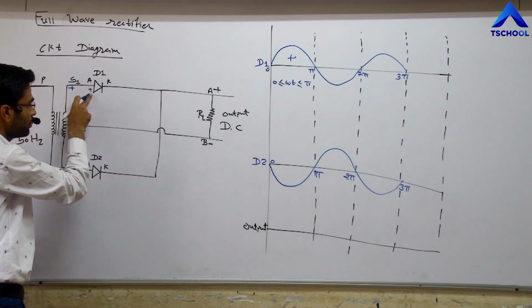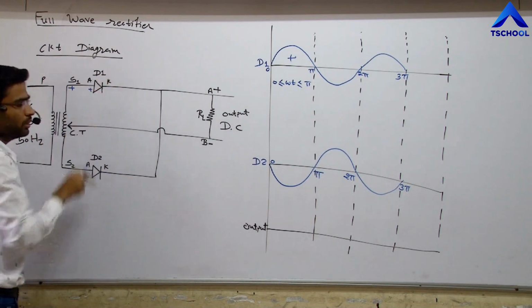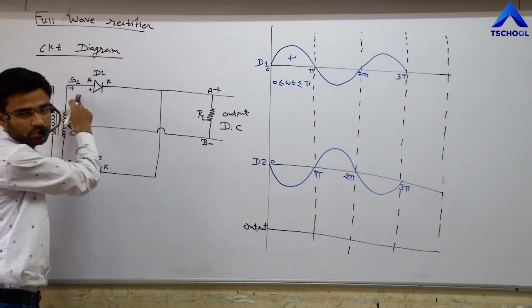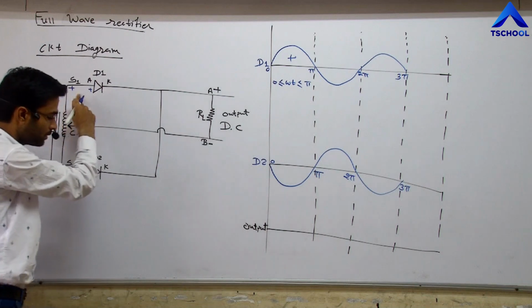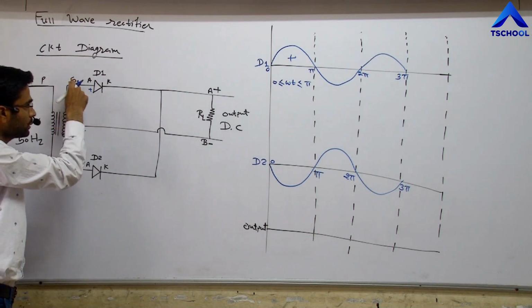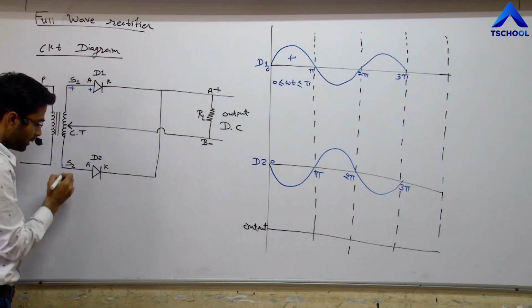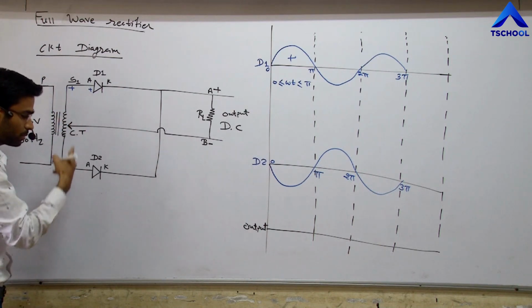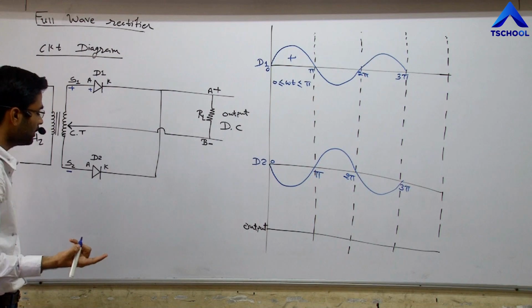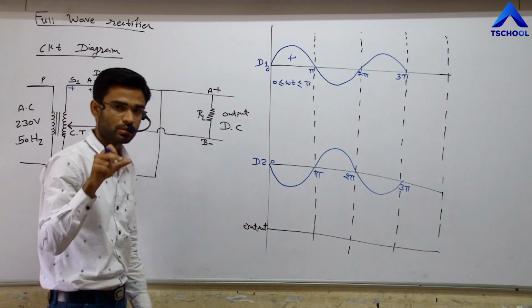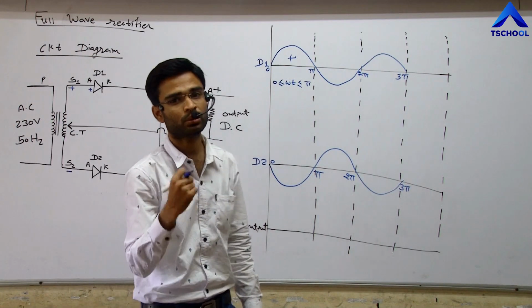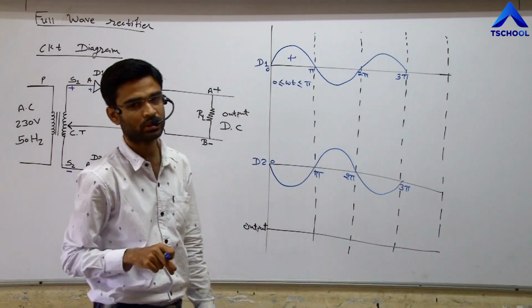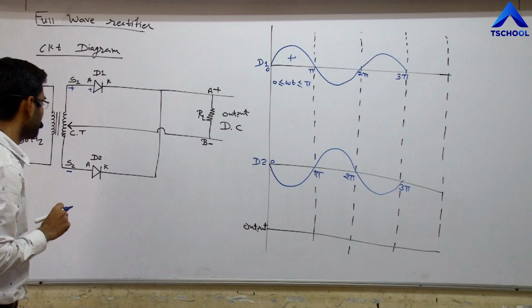In forward bias mode, current flows through diode D1. When S1 becomes positive, S2 becomes negative as compared to S1.